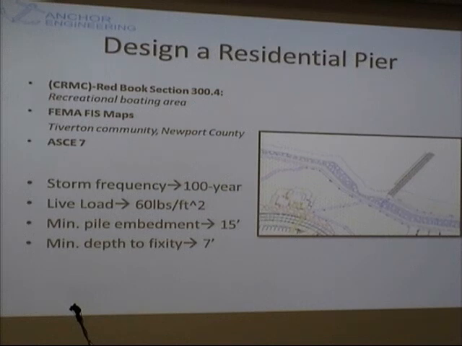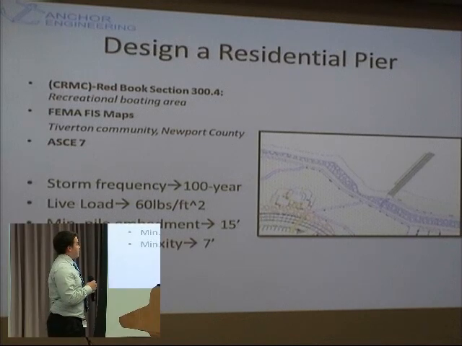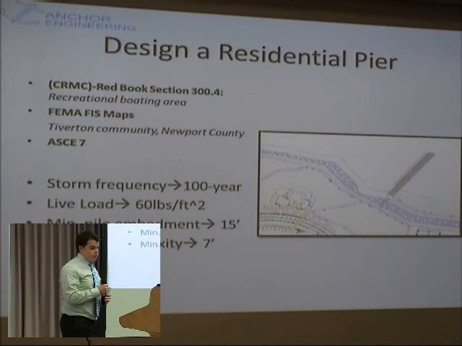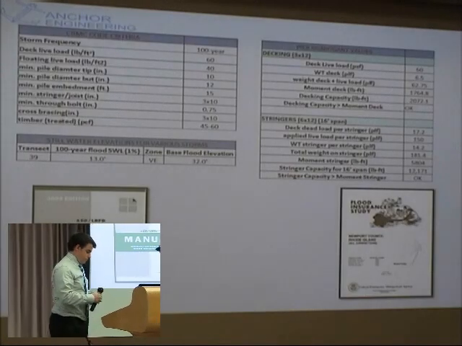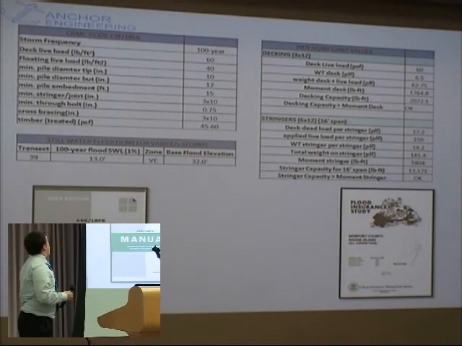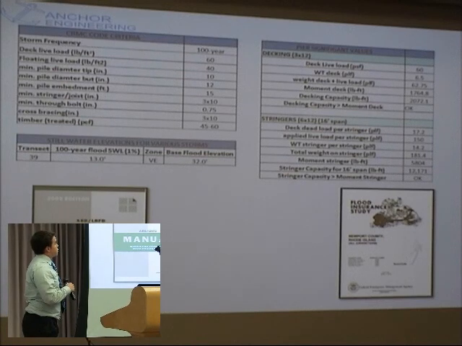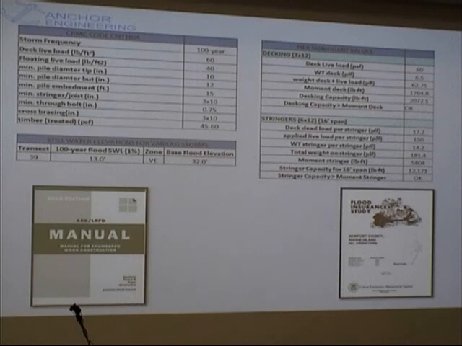I designed the pier to withstand a storm frequency of 100 years and used a live deck load of 60 pounds per square foot. Two major calculations I did for the pier was to check the capacity of the decking for a 15-foot wide pier, and the second one was to check the capacity for the stringers running 16-foot spans in between the pilings.